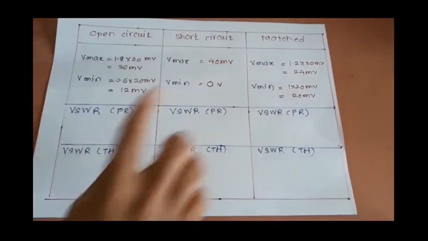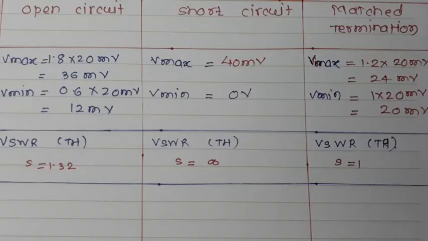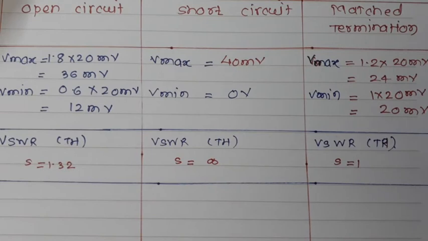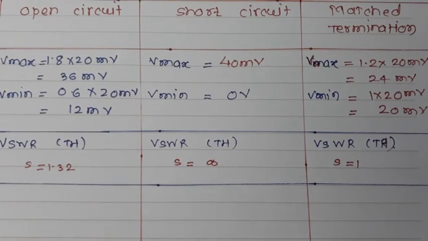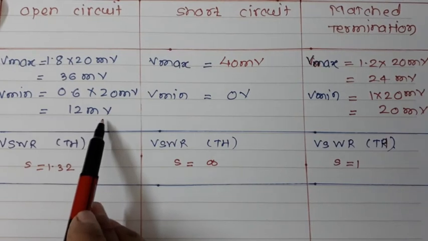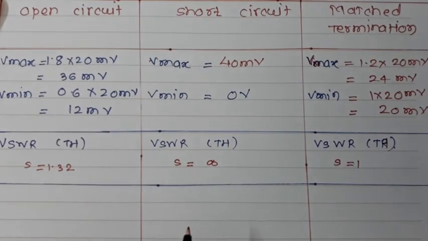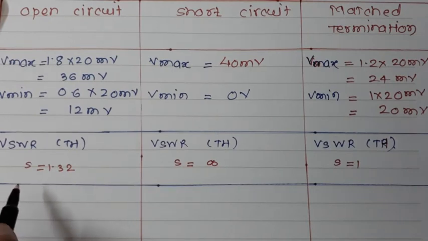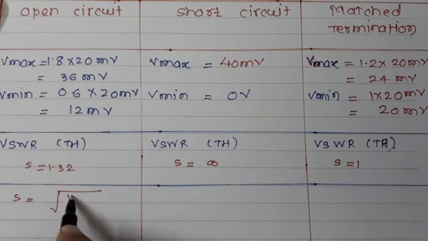Let us see how your theoretical and practical values differ or match. Now, as we have performed the experiment as well as calculated the theoretical values, we'll verify whether whatever we have calculated is correct or not. For the open circuit, we have got Vmax 36 millivolts and Vmin 12 millivolts. As we are using a slotted section with the probe carriage, the standing wave ratio S will be calculated by the formula Vmax divided by Vmin.